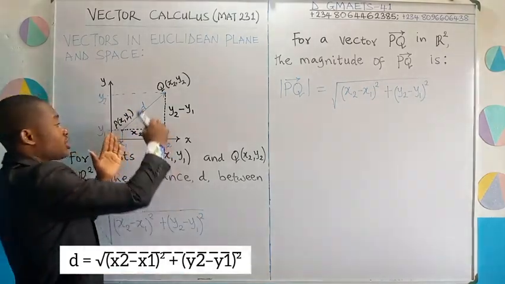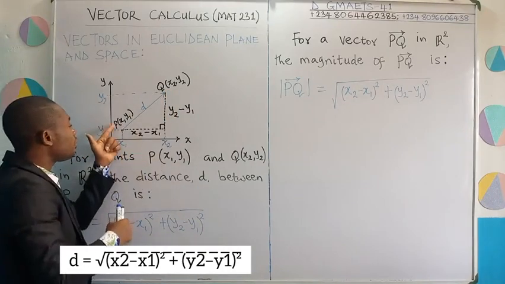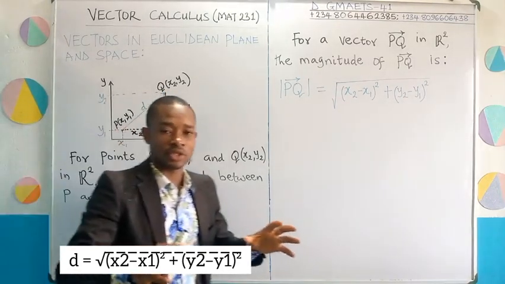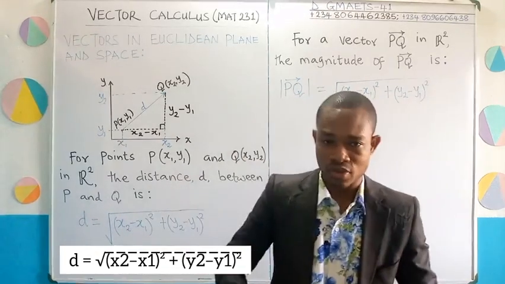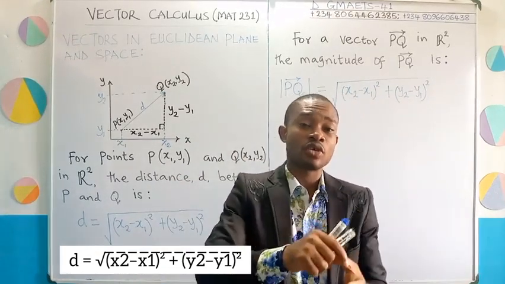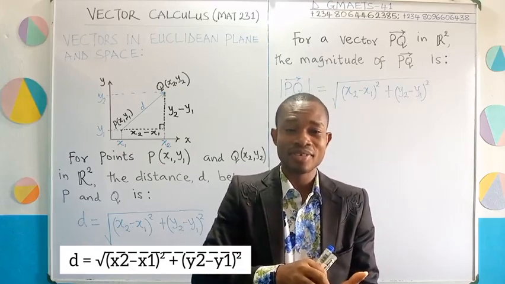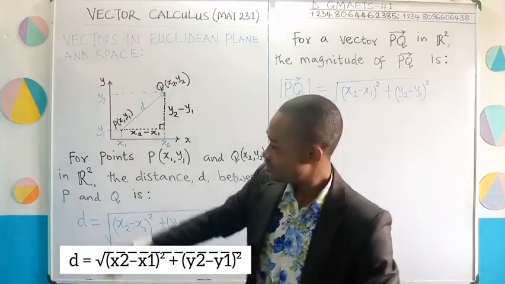Because if you look at this vector, it moved from point P to point Q. And point P here is not the origin. Now suppose I assume that I want to find the magnitude of a vector with its origin, the starting point, at point 0, 0.